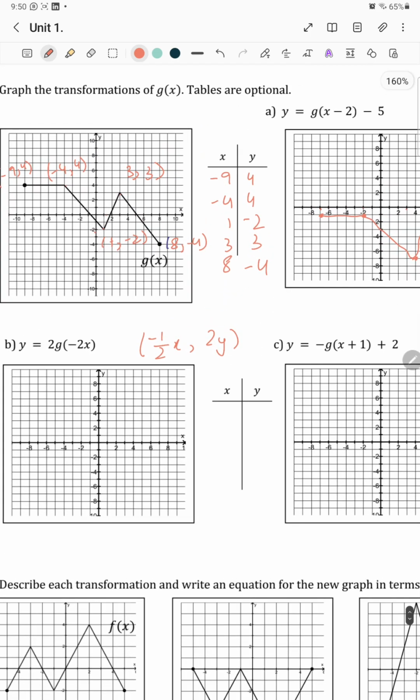Okay, so now putting the values of minus 9, 4.5, minus 4, 2, 1, minus 1 by 2, minus 1.5 and minus 4. Here we're going to get 8, 8, minus 4, 6 and minus 8.